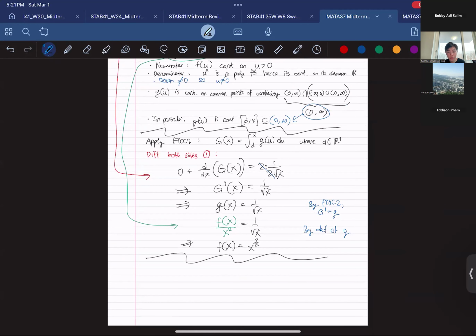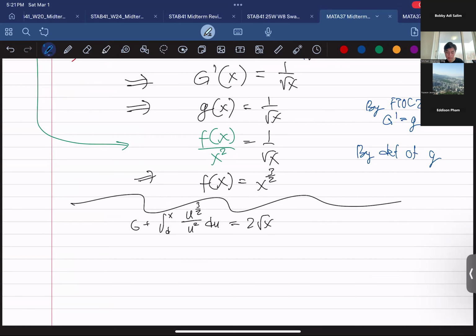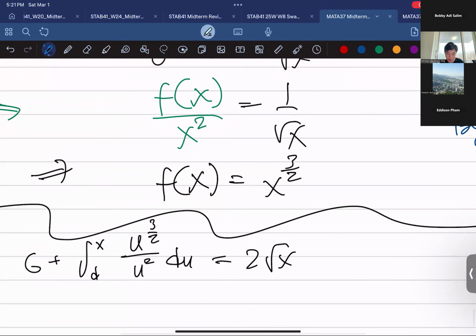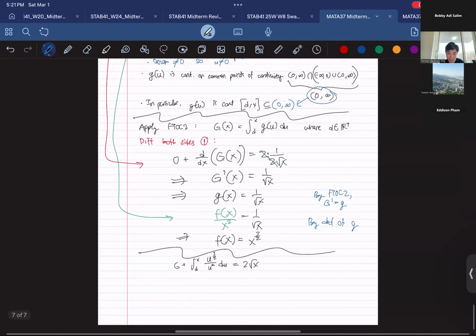Then we can go back to our original question. This is because I already found my function f. My function f is this, so I can replace it into our original equation, just in terms of u.